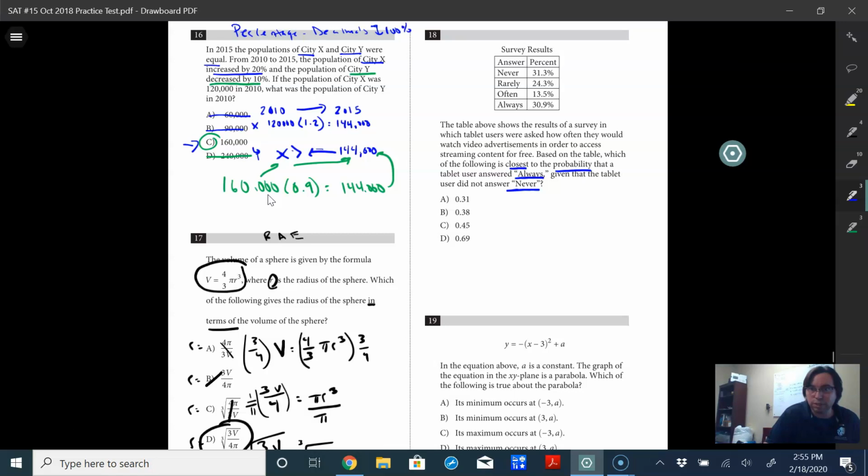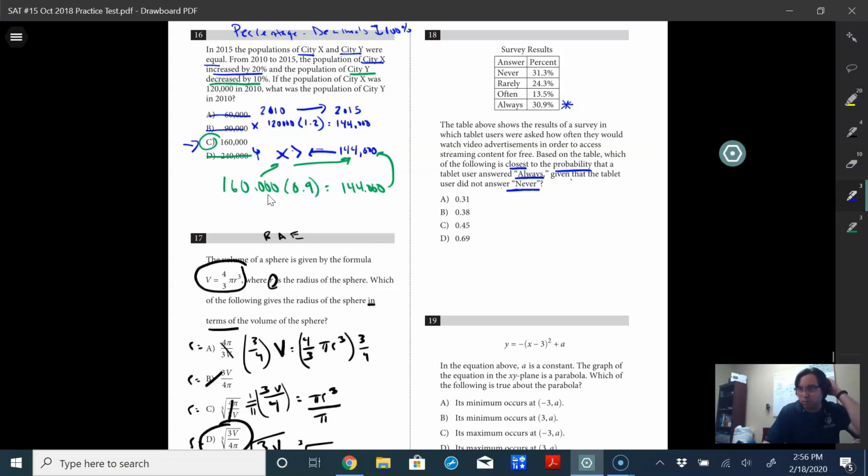Let's read it one more time: the probability that a tablet user answered always, given that the tablet user did not answer never.